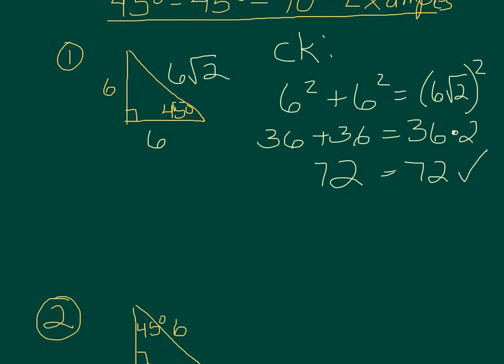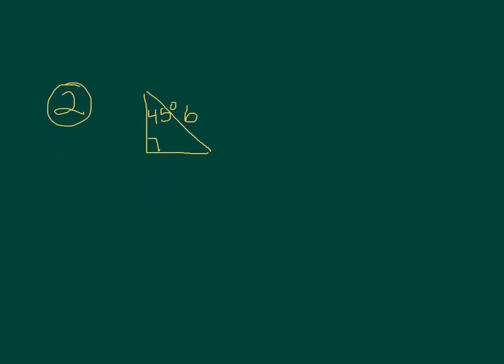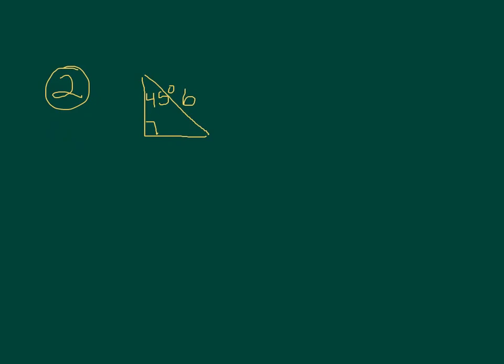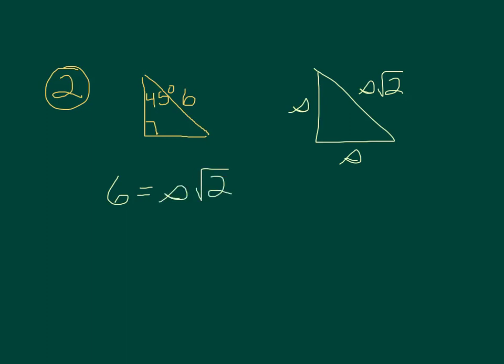Alright, let's do another one. You know I'm going to give you the hard example now. So now I've given you the length of the hypotenuse. And so we have to compare it to our model. Our model says that this side is s times the square root of 2, and this side is s, and this side is s. And so therefore, 6 is equal to s times the square root of 2. So we're just going to divide both sides by the square root of 2.